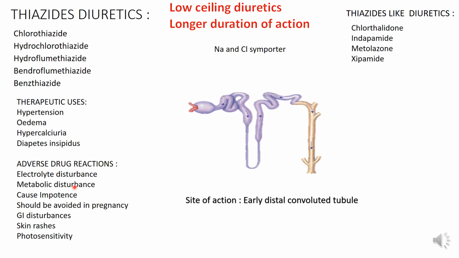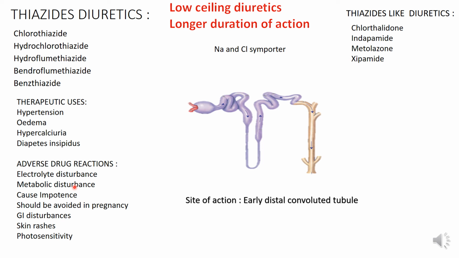The metabolic disturbances are the same as with loop diuretics. They cause hyperglycemia because they decrease insulin secretion. They cause hyperuricemia because they decrease the renal secretion of uric acid, which may precipitate an attack of gout. They also cause hyperlipidemia, meaning they increase plasma triglyceride and low density cholesterol levels in the blood.